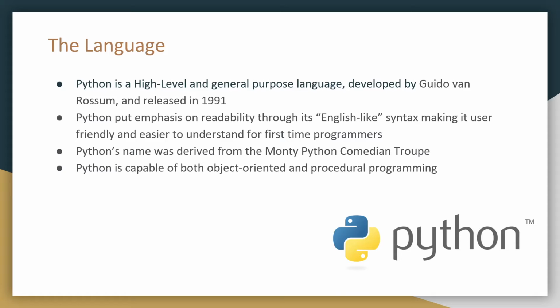If you've ever seen movies like Monty Python and the Holy Grail and others like that, you definitely know where this comes from. And Python is also a language that is capable of object-oriented and procedural programming. So if you go down the route of implementing more object-oriented programming, Python does support it.